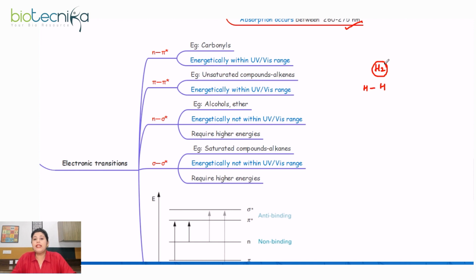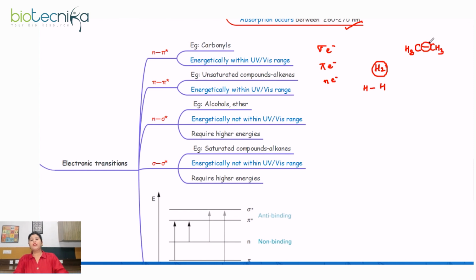Electrons in the molecule can be classified into sigma electrons, pi electrons, or non-bonding electrons. Sigma electrons reside in the sigma bonding molecular orbital. For example, in ethane, the single bond present comprises sigma electrons.